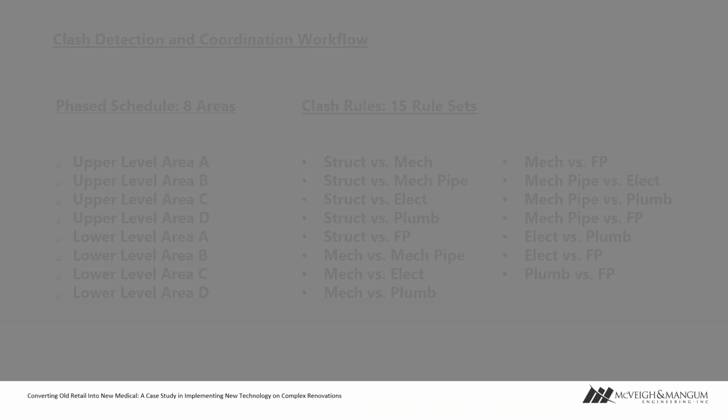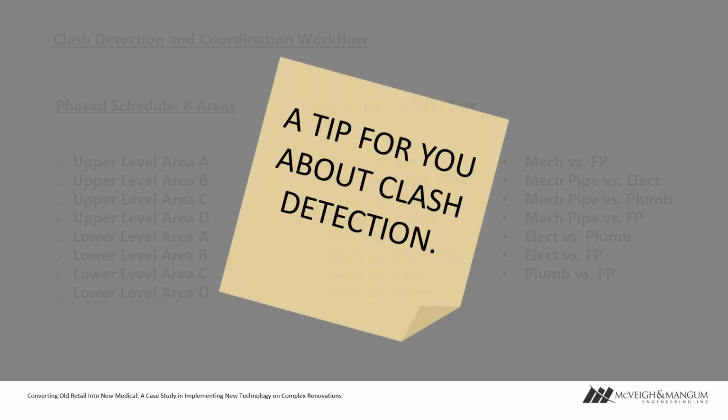I'm going to touch on one thing real quick. When you're doing this, make sure you have those rule sets and the naming conventions for them set immediately at the beginning. Because one thing we did find is that other people do it for different areas, or if you have different groups going.